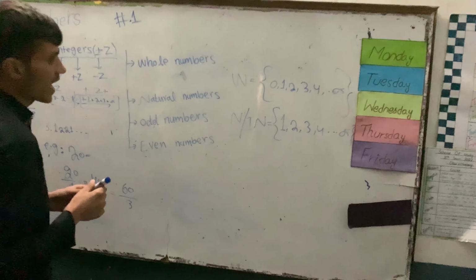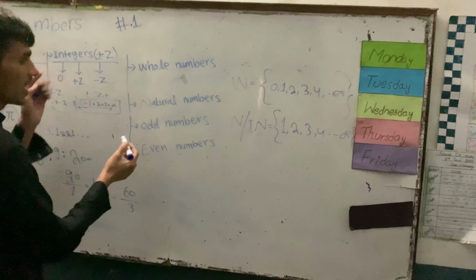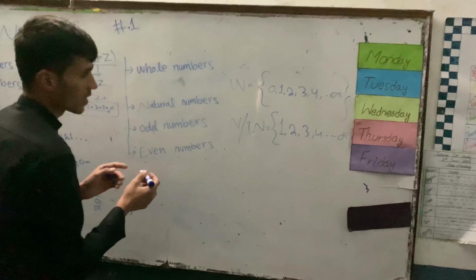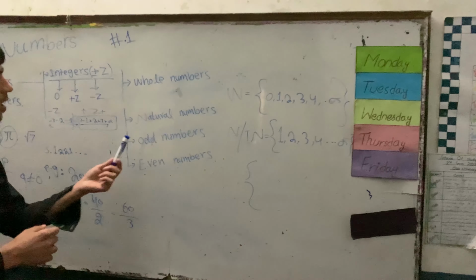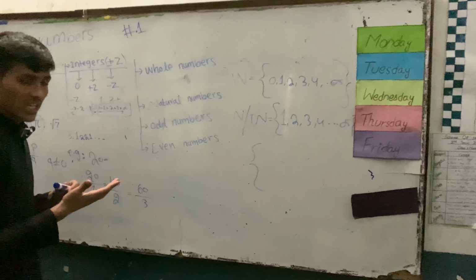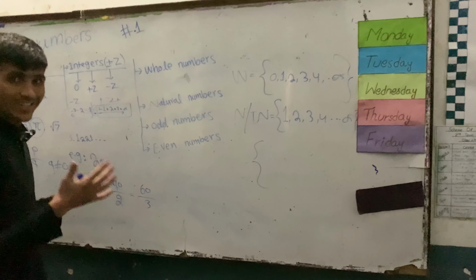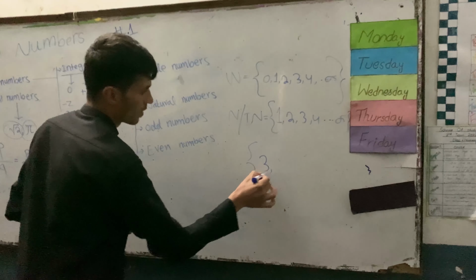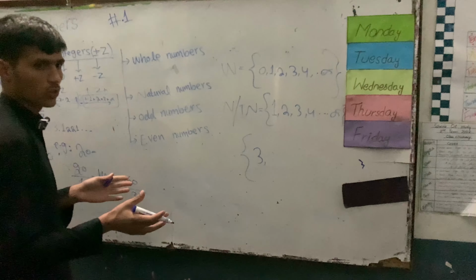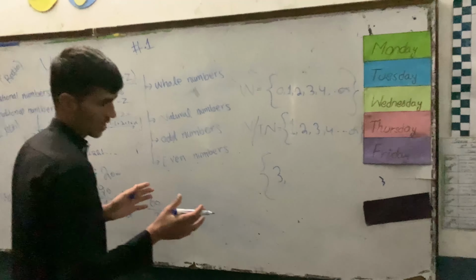The next one, the third type of the integers, is the odd numbers. Odd numbers are all those numbers which can't be divided by 2 completely. For example, 3 cannot be divided by 2 completely.